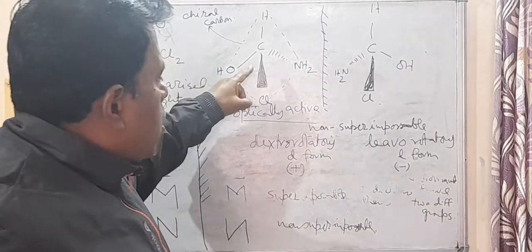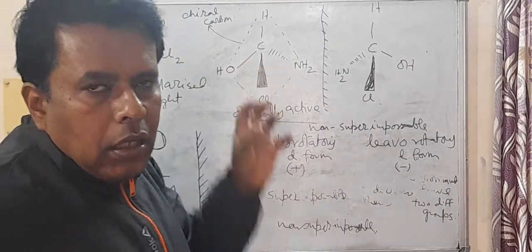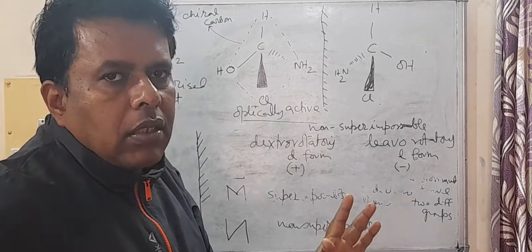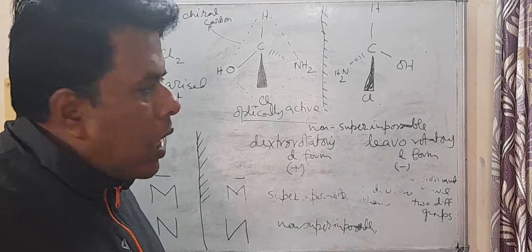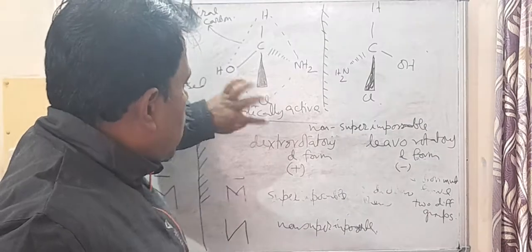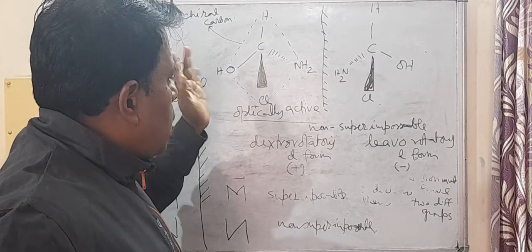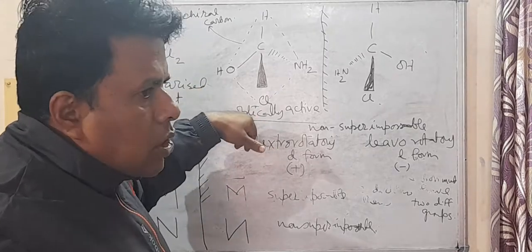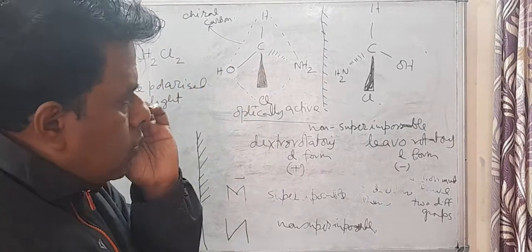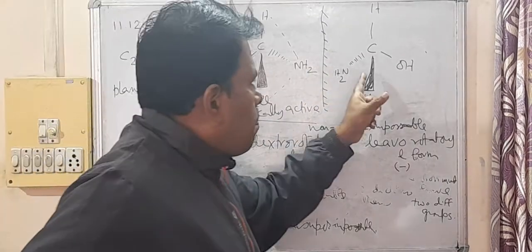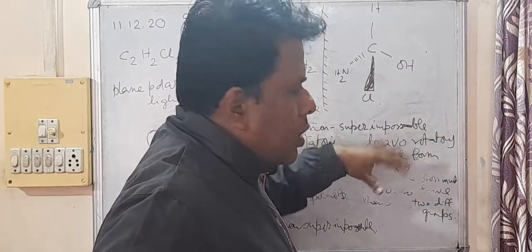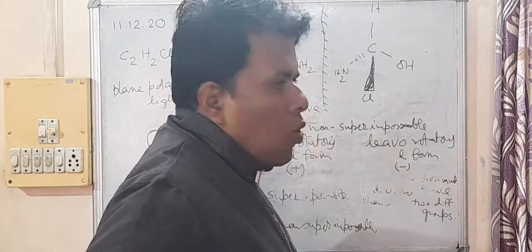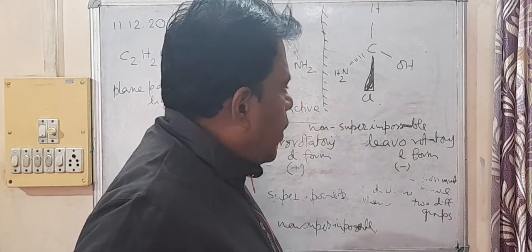The dextrorotatory compound, when taken in the cavity inside the instrument called a polarimeter, and when we pass plane polarized light, rotates the plane polarized light in the clockwise direction, in the right direction, and this compound rotates the plane polarized light in the anti-clockwise direction, in the left direction.